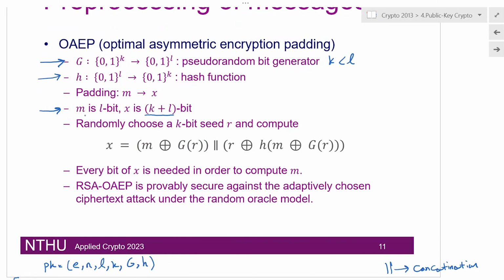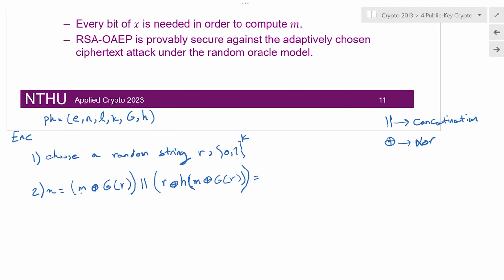And our message is also, we said, L bits. So you basically take our message and randomize it when you XOR it with some pseudo-random value, based on this output of the G function.